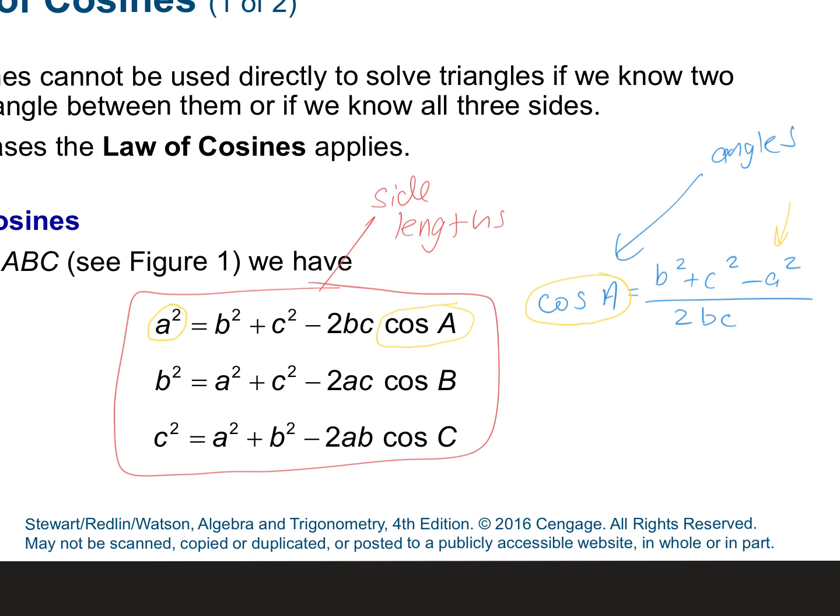When you get in your calculator, cosine A equals, are you finding the actual measure of that angle? No, you're finding the cosine of that angle. So in order to find the actual angle measure, we have to use that inverse cosine. All right, we're going to do that with the law of cosines, just like we did with sine, when you had said second sine, second answer, same exact thing.